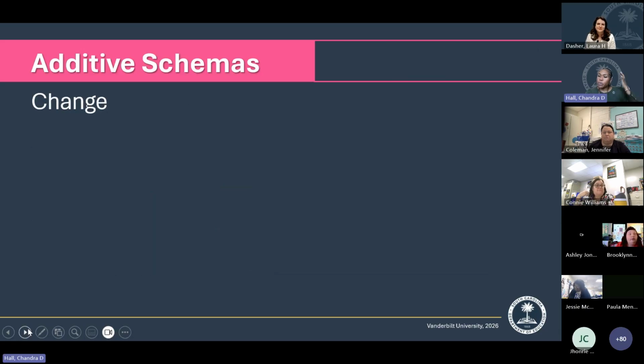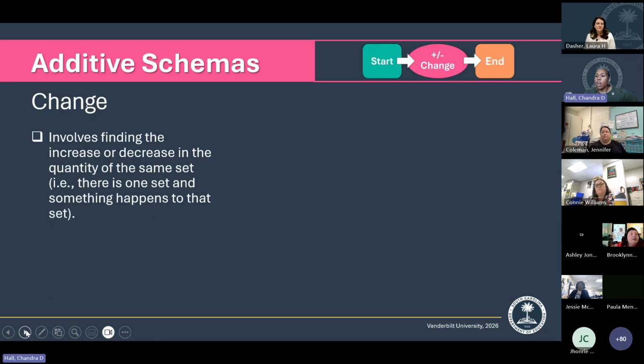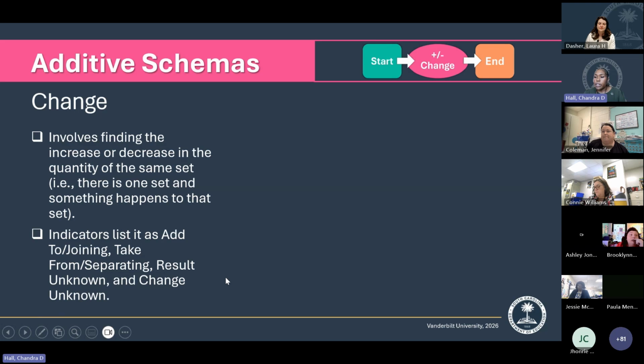All right, we're going to move to the next additive schema, which is change. Okay, and with change problems, this involves finding the increase or decrease in the quantity of the same set. There's one set and then something happens to it, and I'll give you some examples in just a minute. In our indicators, you'll see it listed as add to or joining, take from or separating, result unknown, and change unknown.